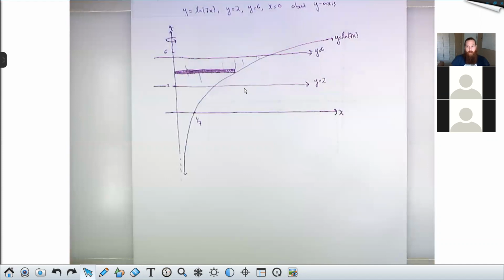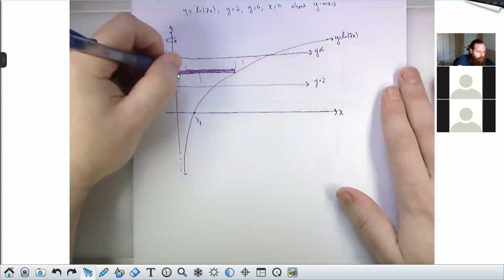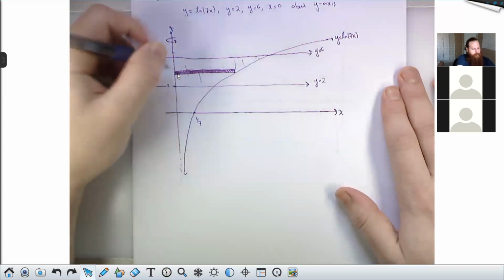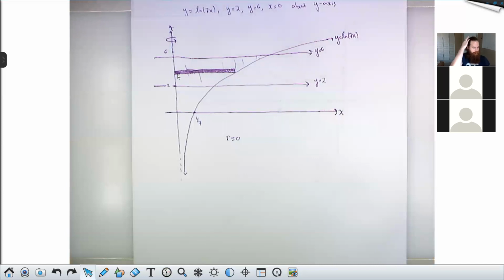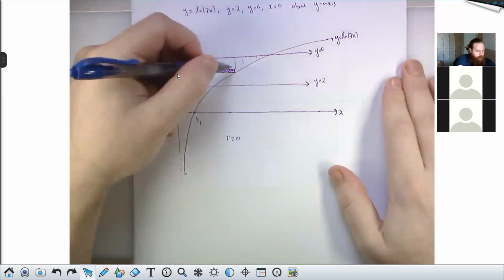Little r here is going to be 0 because the strip extends all the way to the axis of rotation. All right, here's the nearer end of the strip, and here is the axis of rotation. So the distance between the near end of the strip and the axis of rotation is 0. Big R, however, is not 0.